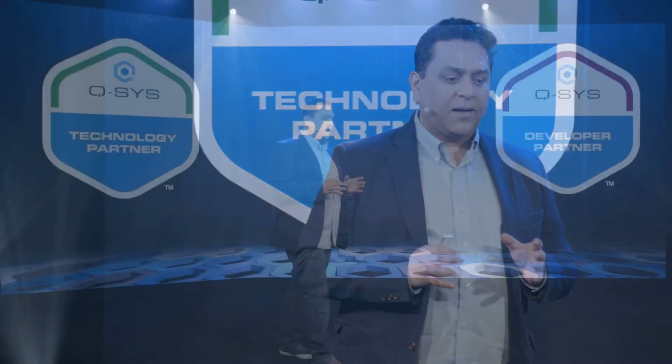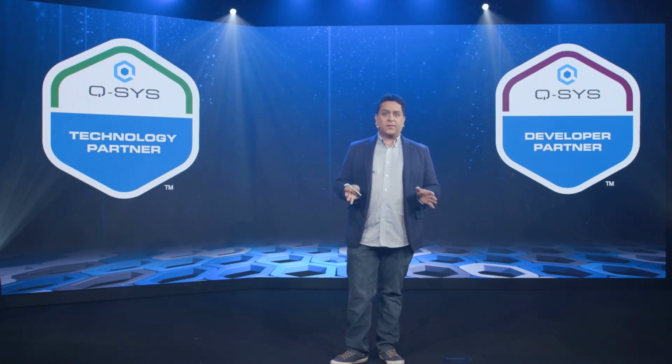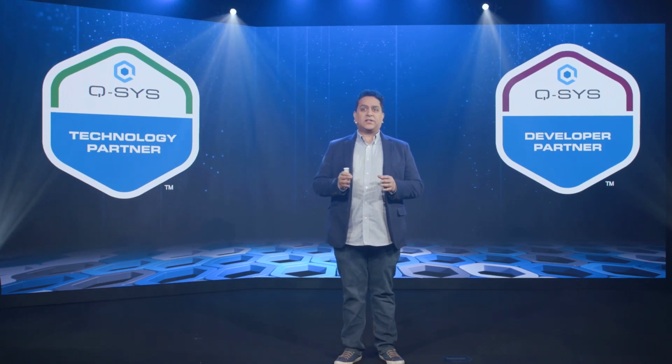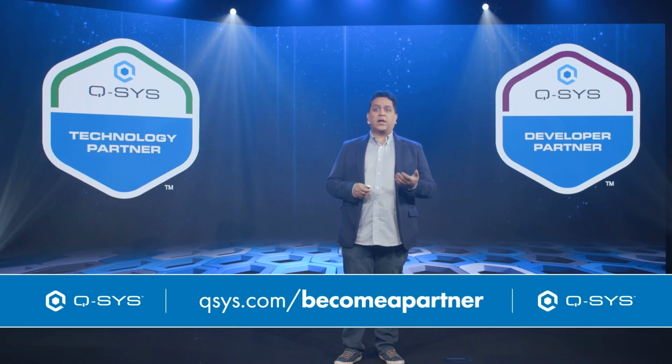And let's not forget about communities for developers. This is another great resource for all of our programmers and developers to connect directly with Q-SYS and each other. The response to these programs has been amazing, and we are delivering plugins faster than ever before. If you'd like to join one of our ecosystem programs, please visit qsys.com/become a partner, fill out the form, and we'll reach out to you.